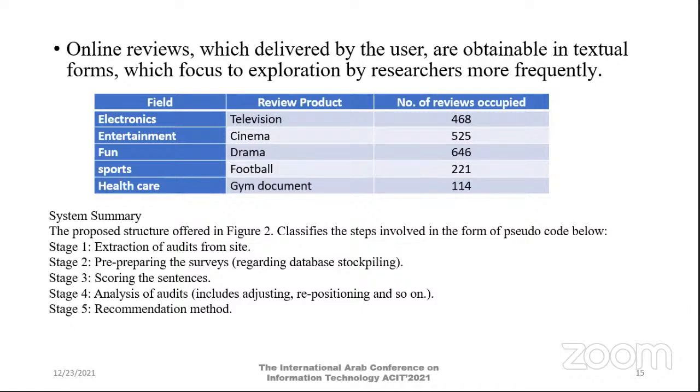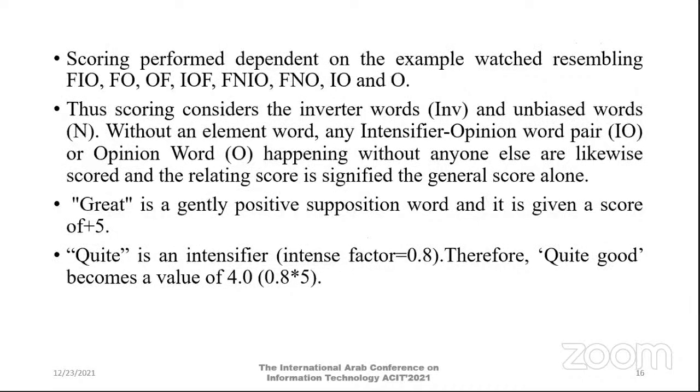Finally, we analyzed and gave this recommendation method for the final publications. Sometimes we take inverted words, sometimes unbiased words, sometimes word pairs. Like that, we classified the documents based on scoring.